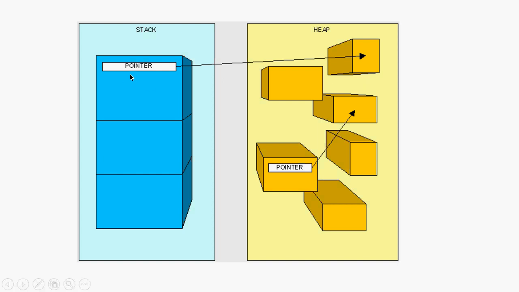This address gets stored in the stack, so we store the object address in the stack. There can also be internal pointers in the heap. So this is the diagram to show how a stack and a heap look inside the memory.